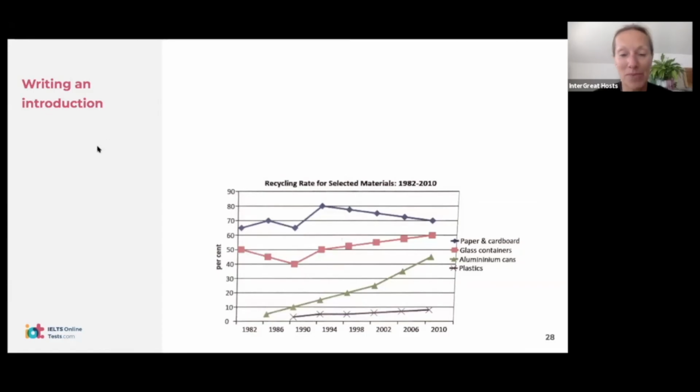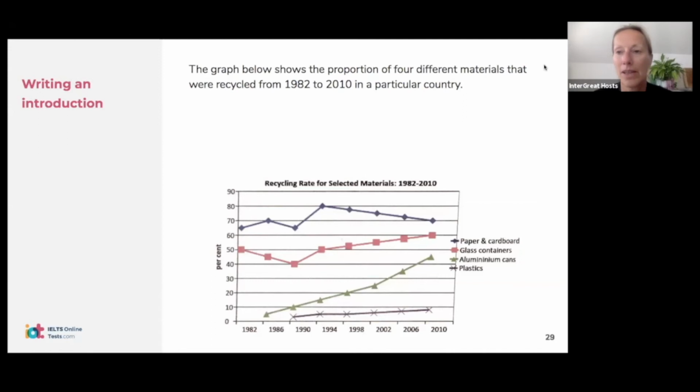Right, so let's start with the introduction. Okay, so here's the title again. Okay, so you need to paraphrase this. So put it into your own words. Yeah, so Harvey, we're going to look at that in a minute. When we come to that, you can see, okay? Right, so you paraphrase the title.